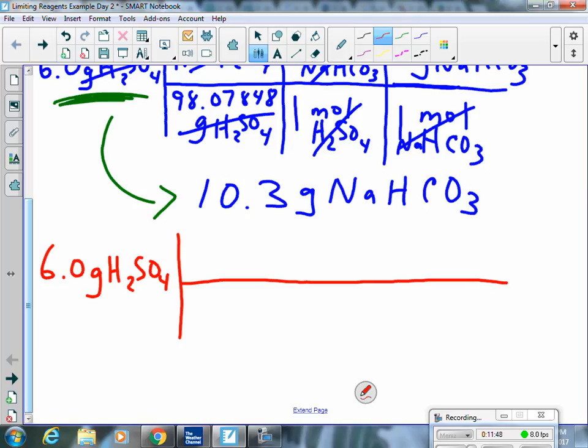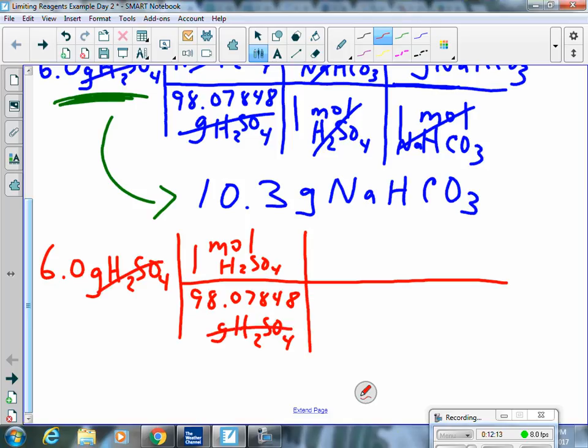So when I do so, get my little piece of paper. Once again, convert to moles.